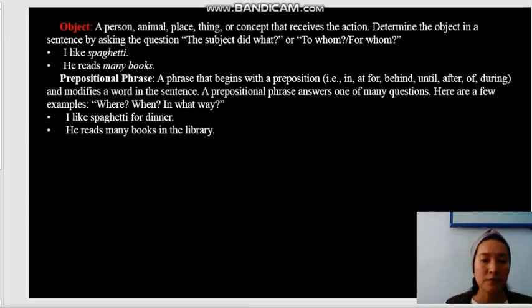Here are a few examples: where, when, in what way. I like spaghetti for dinner. He reads many books in the library. So here the prepositional phrases are: in the first sentence, for, and in the second sentence, we used the prepositional phrase in.